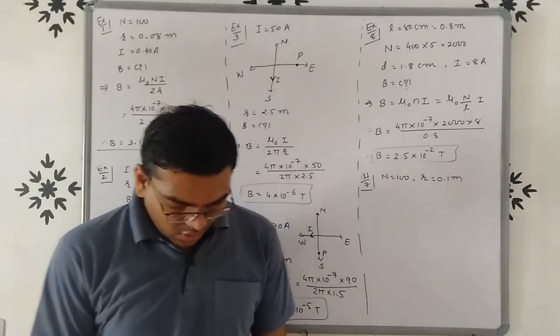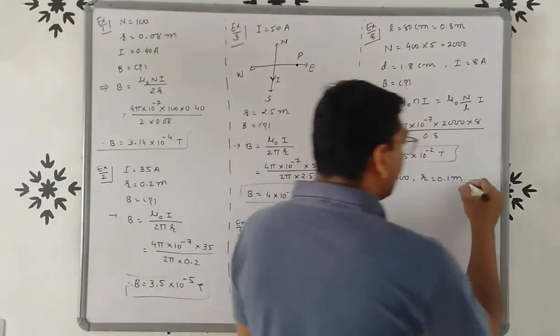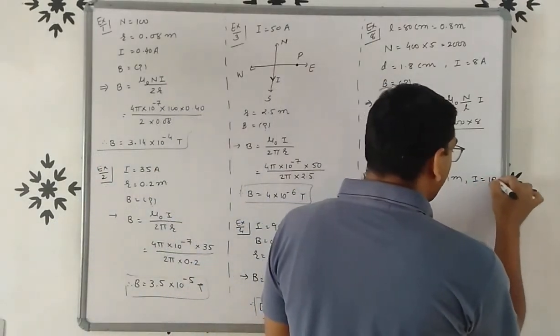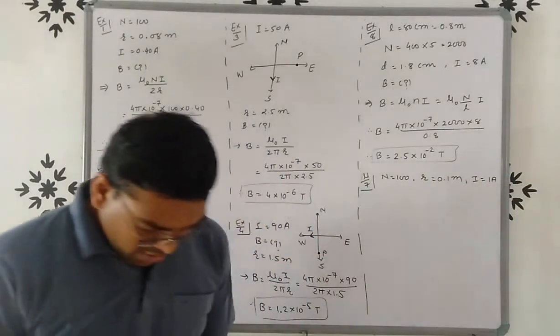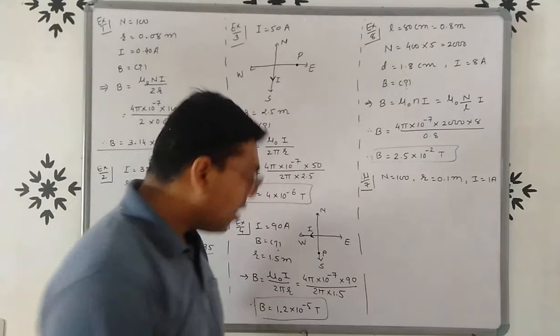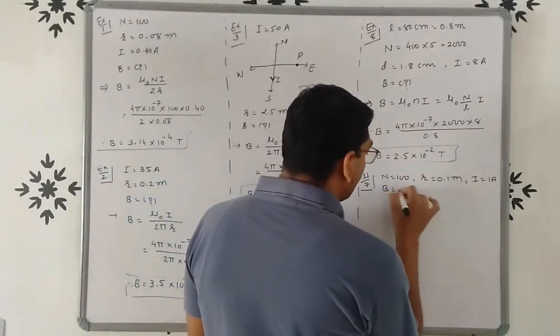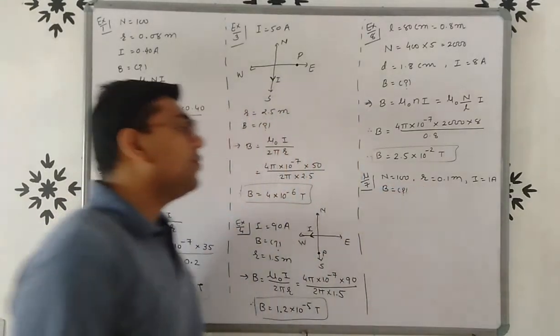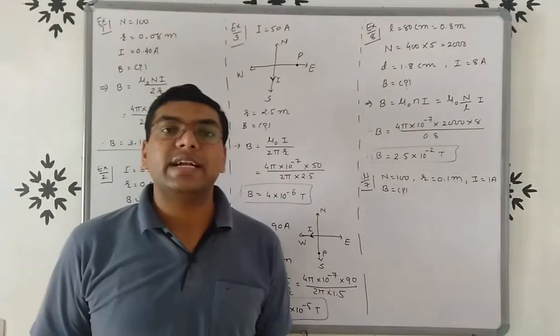Carrying a current of 1 ampere. So the value of current is given, I equals 1 ampere. What is the magnitude of the magnetic field at the center of the coil? So we have to find out the magnitude of magnetic field at the center of the coil.